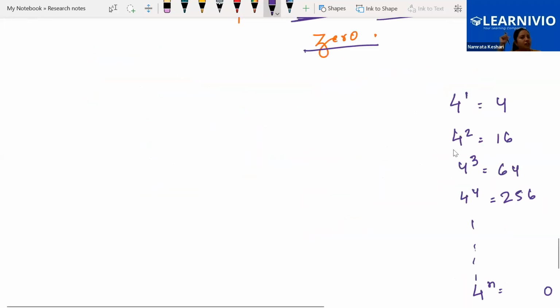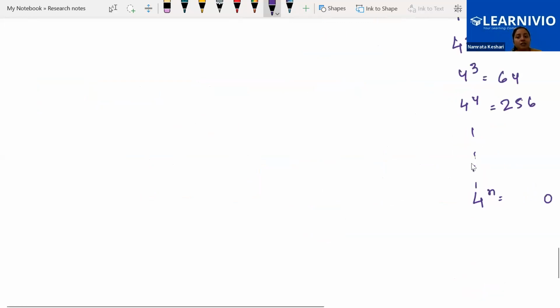What is that n value which we can take, so that when we multiply 4 that many times, n times, n can be any natural number, be it 100, be it 200, whatever, so that whatever result we get, its last digit will be 0? That's what we have to find here.